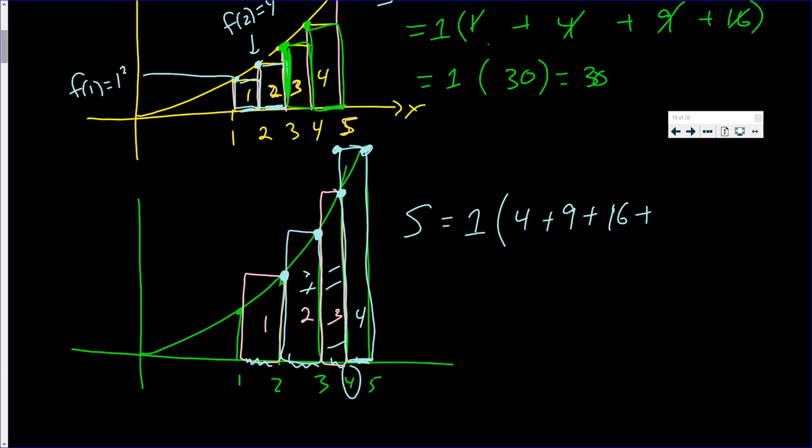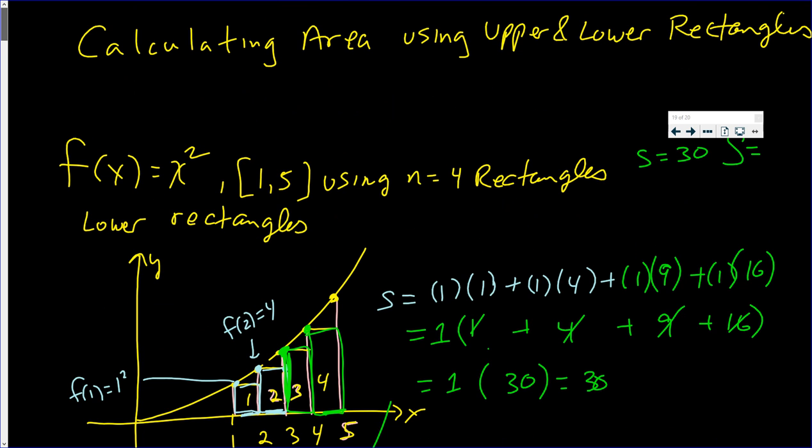It's also up here, but that point is not on the curve y equals x squared. This point is. That point is f of 5, so it is 5 squared, 25. Another 25 is 50. Plus 4 is 54. Times 1 is 54. So that's the upper estimate. The upper estimate is 54.